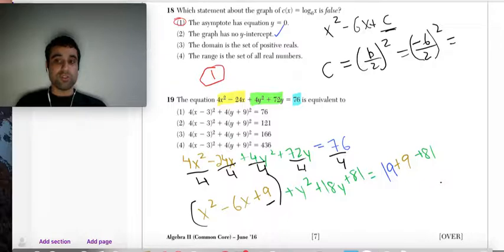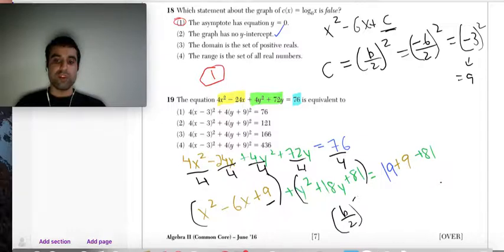Negative 6 over 2 is negative 3, which when you square it, you get 9. So that's how I got 9 on both sides. If you do the same thing with this one, b is equal to 18. 18 over 2 is 9, squared is 81. Got it? So that's how I got this 9 and 81, and it must be added to both sides. And you could do it very quickly in your head with enough practice.